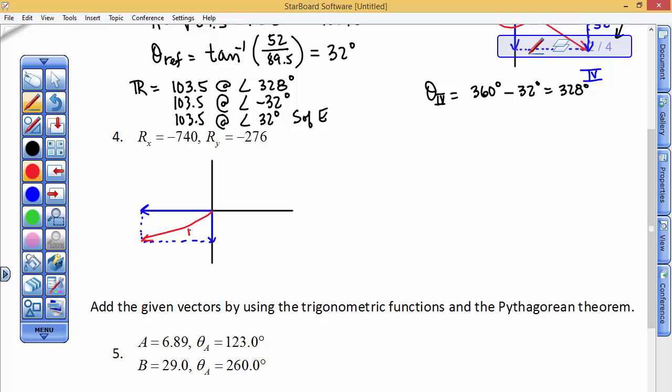The resultant of this problem, sorry, I didn't put the straight line tool on, that's okay, is found by using the 740 here, don't care about the negative sign, and the 276 here, because I have this in the third quadrant, because x is negative and y is negative.